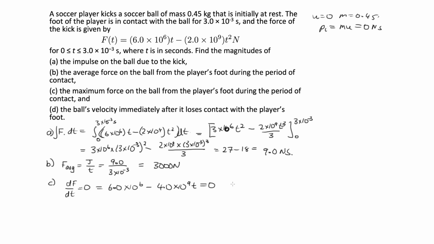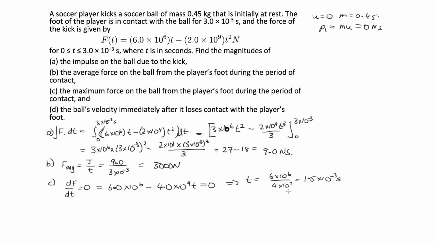And we want this equal to 0, which tells us that t is equal to 6 times 10 to the 6 over 4 times 10 to the 9, which occurs at 1.5 times 10 to the minus 3 seconds, which kind of makes sense because that's right in the middle of this kick period.